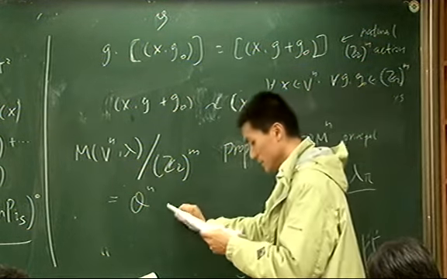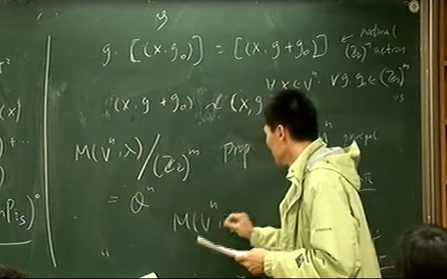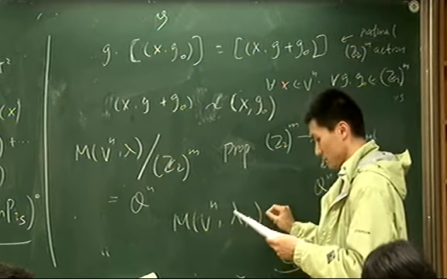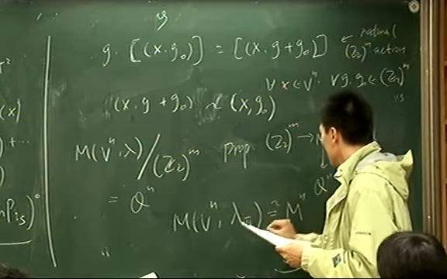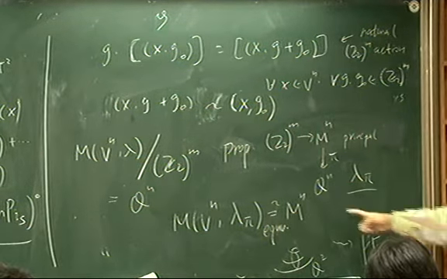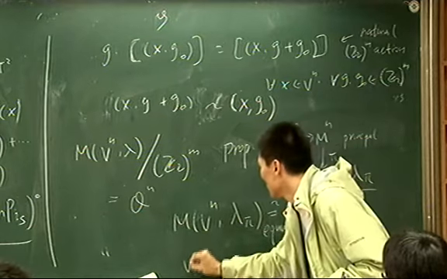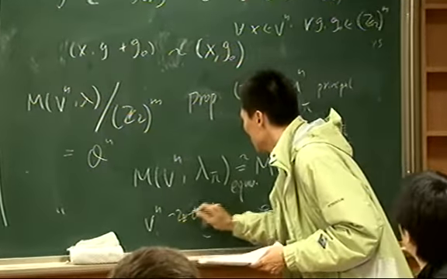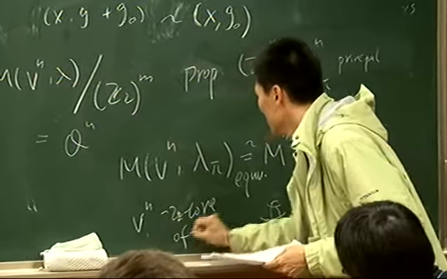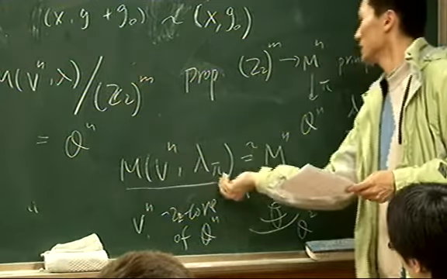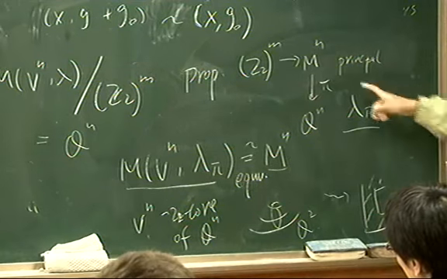Then for any Z2 core Vn, this is equivalently homeomorphic to Mn. For any Z2 core of Qn, this will give back our manifold Mn.